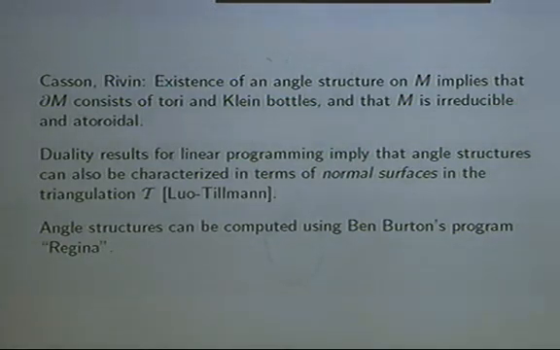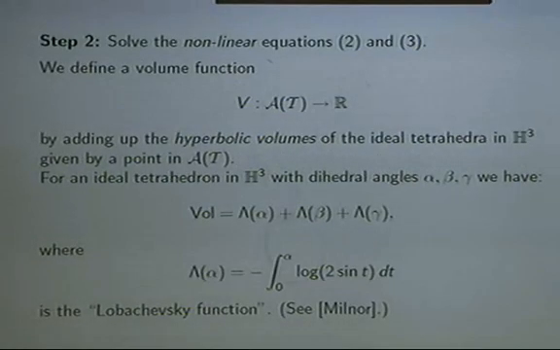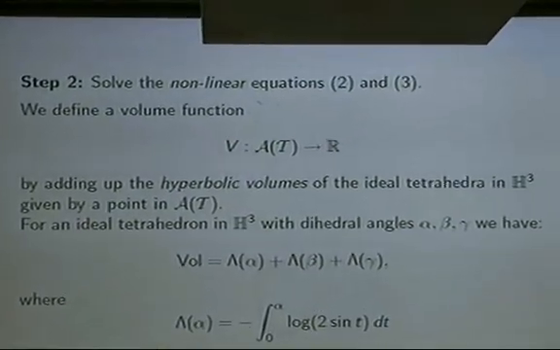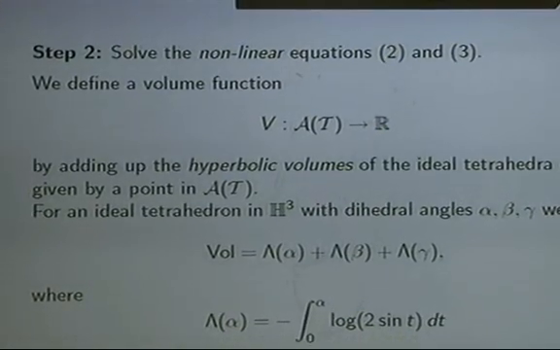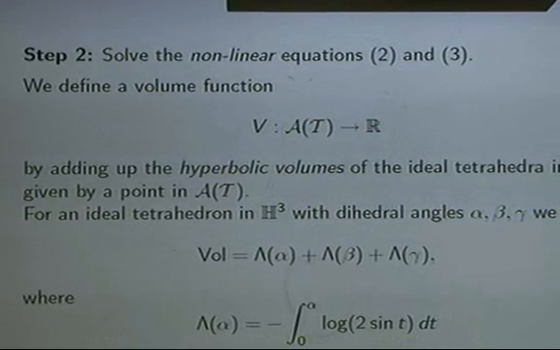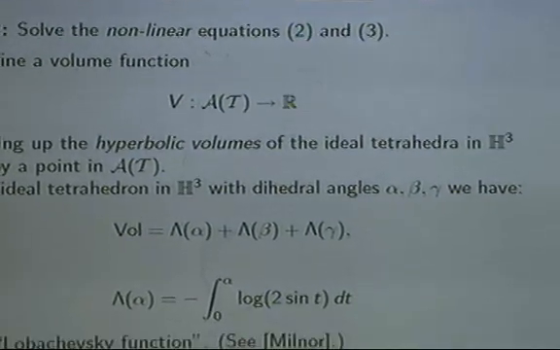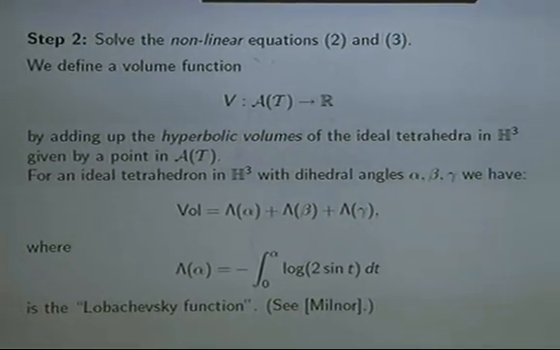Now, the next part is, okay, how do we deal with the remaining nonlinear equations? So the nonlinear equations basically come from saying that there's no translations along edges and the completeness conditions. So that was these conditions 2 and 3. And the way we're going to do this is by a volume maximization procedure.